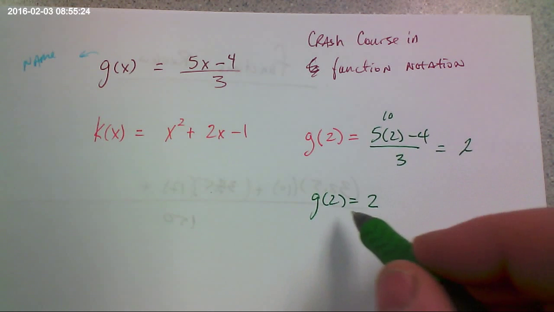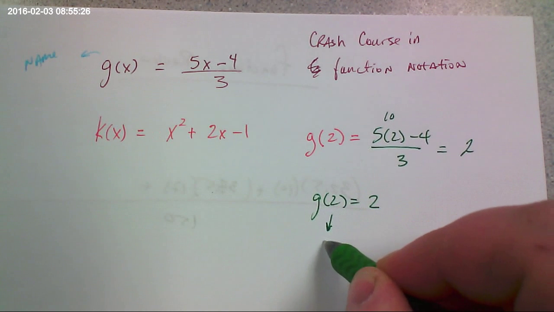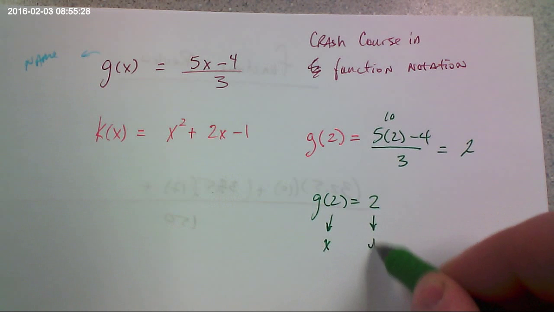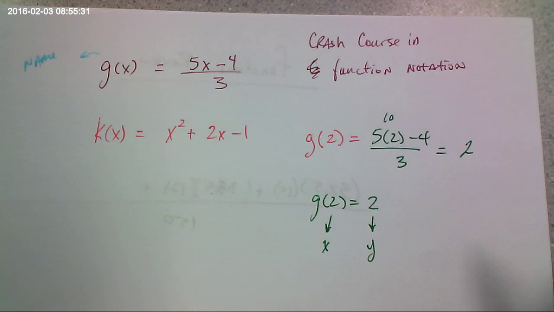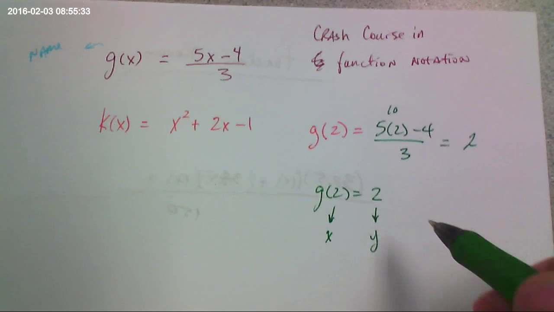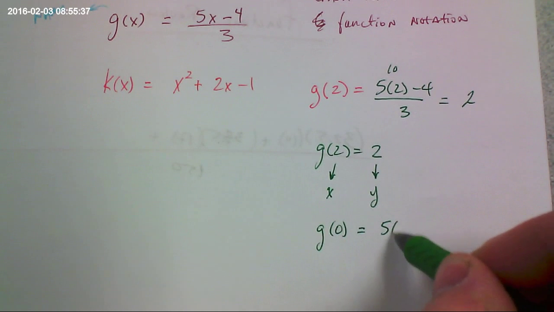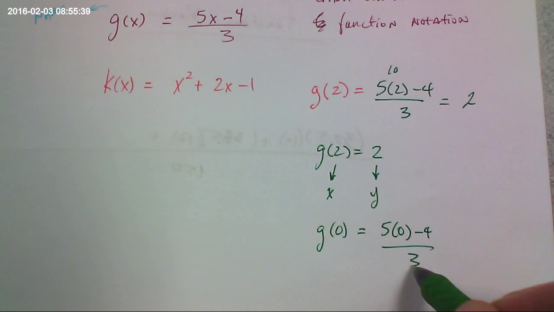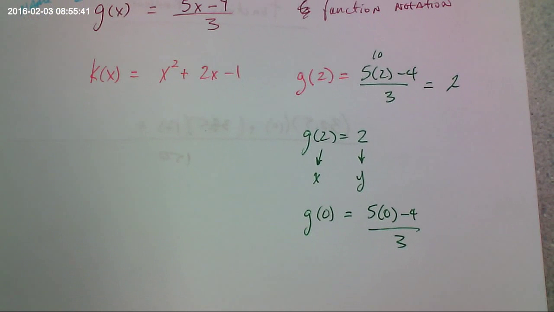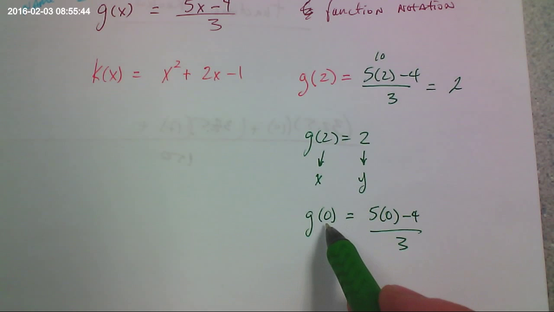But then your coordinate, this is the x coordinate, and this is the y coordinate. Another example would be g of 0, which would be 5 times 0 divided by 3. If that's 0, what are you finding?